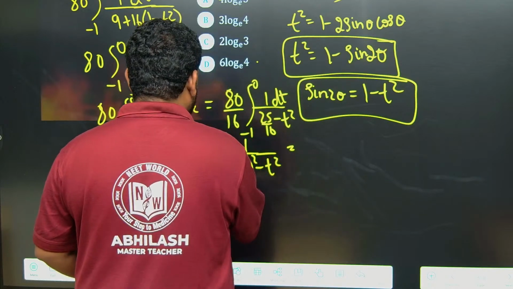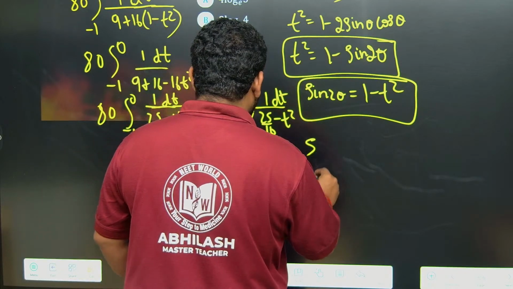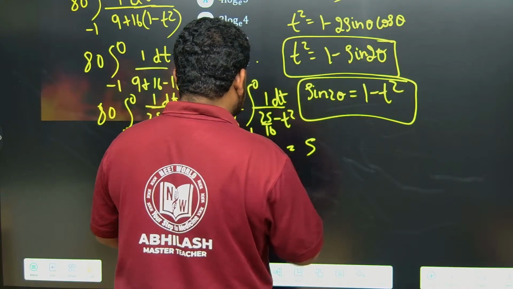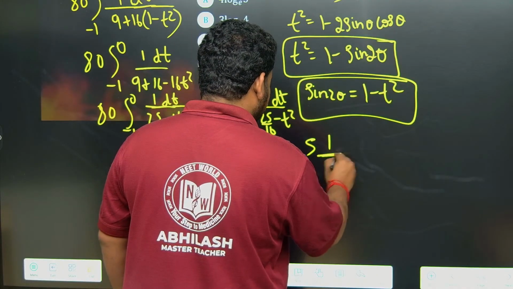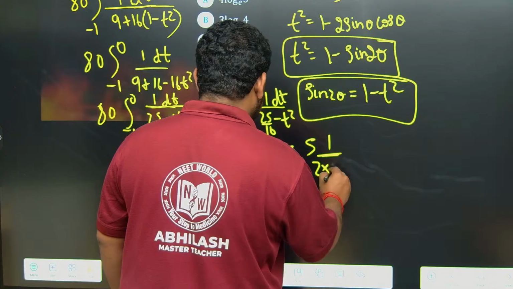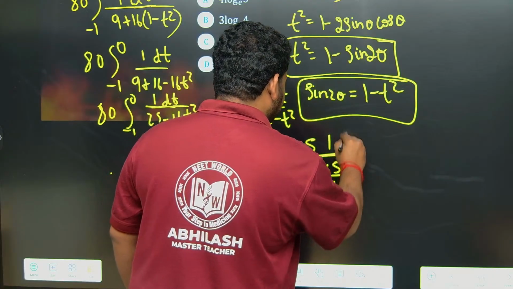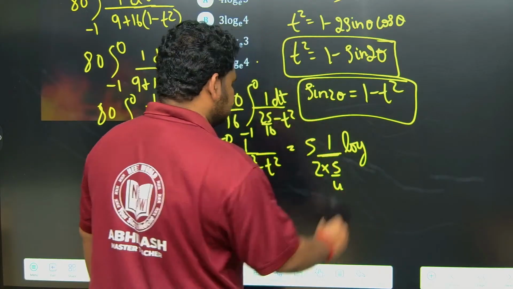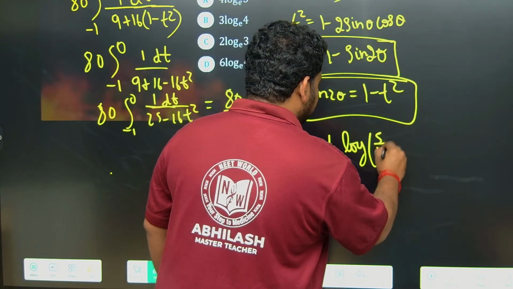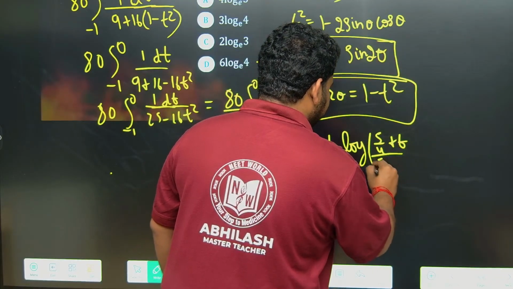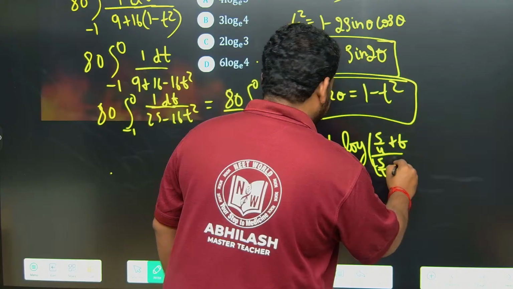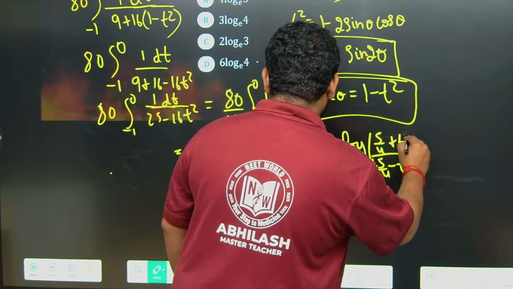Sixteen fives are 80. So this will become 5 times, on integrating, 1 by 2a, that is 2 times 5 by 4, into log of (5 by 4 plus t) by (5 by 4 minus t).